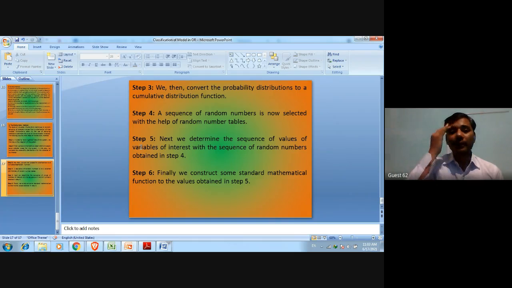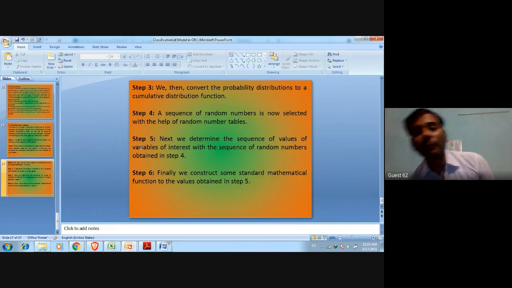Finally, after getting the sequence of random numbers, we construct a standard mathematical function for the values which we have obtained.